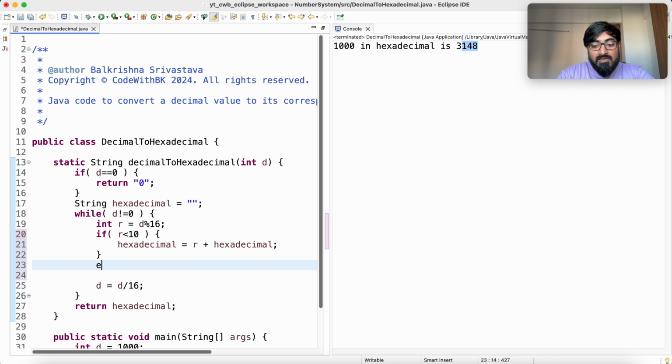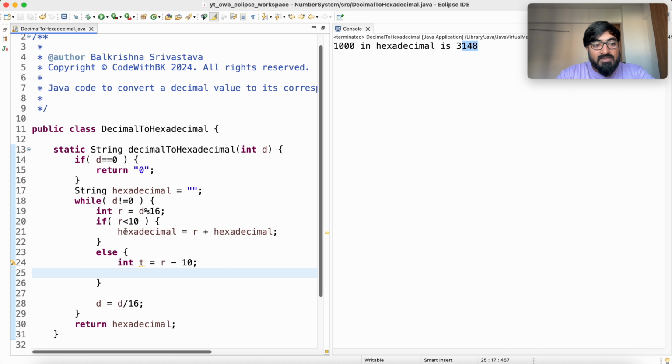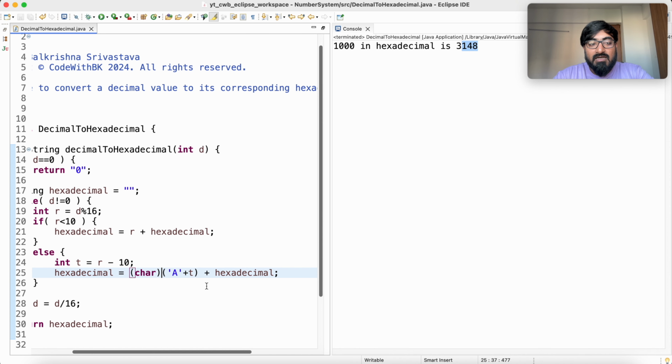Else I say t is r minus 10. To hexadecimal I need to add a to f for 10 to 15, so I say the corresponding char after a plus t.